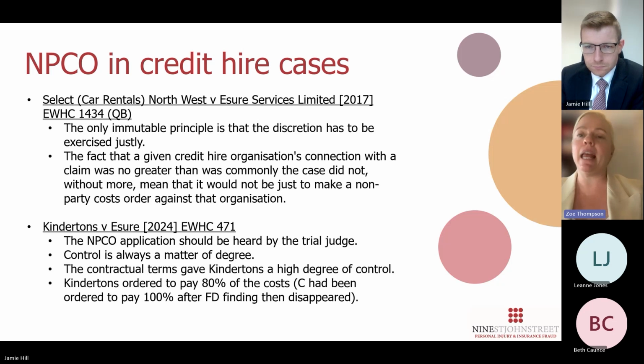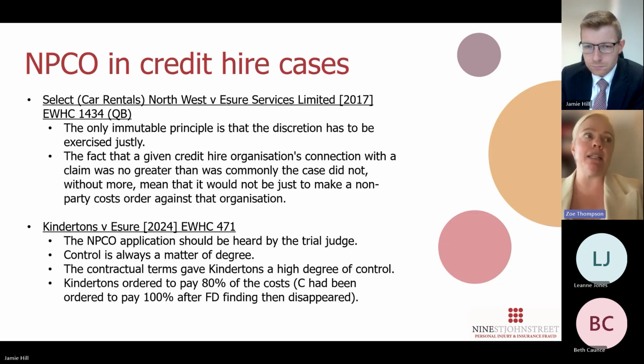And he dealt head on with these two arguments about control and causation. And on control, he was basically saying, look, there is a danger of over-interpreting what it means to be in control of litigation.